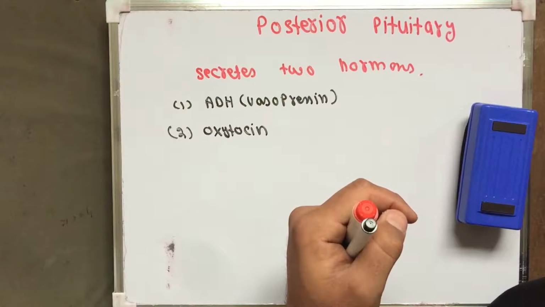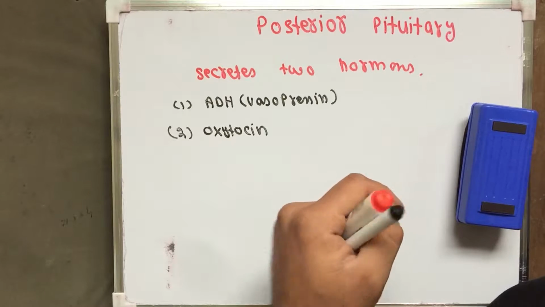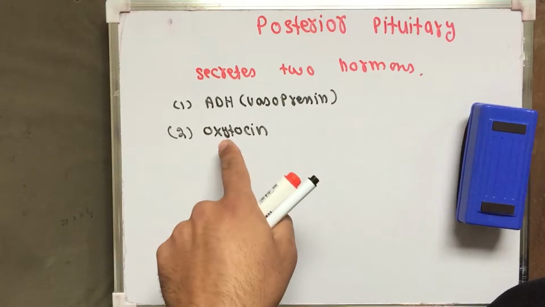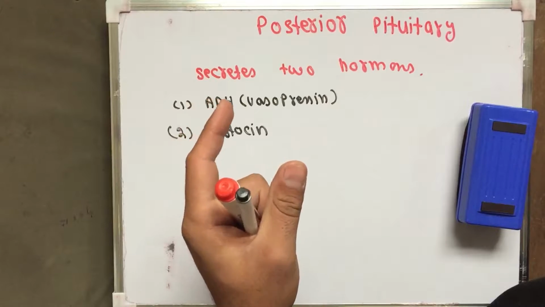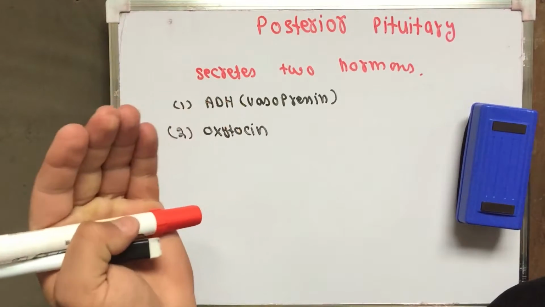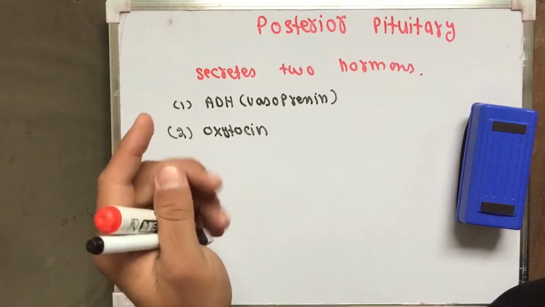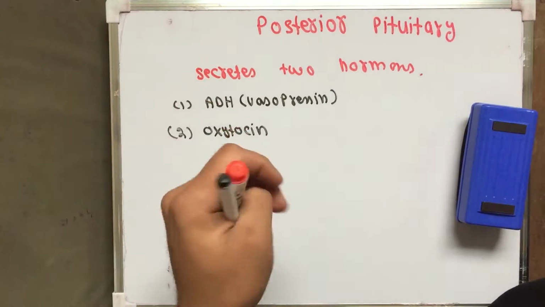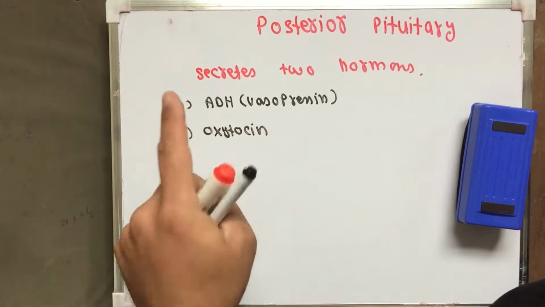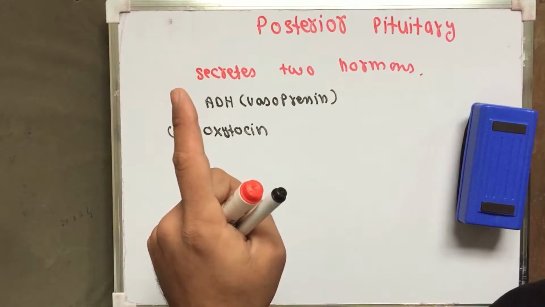These are the two hormones that are secreted by the posterior pituitary. They are produced in the hypothalamus but secreted by the posterior pituitary.